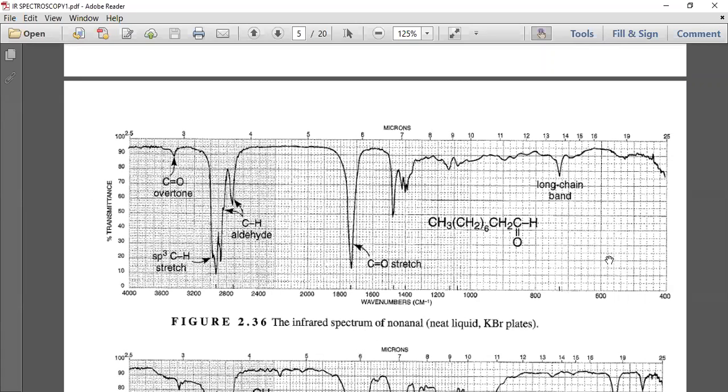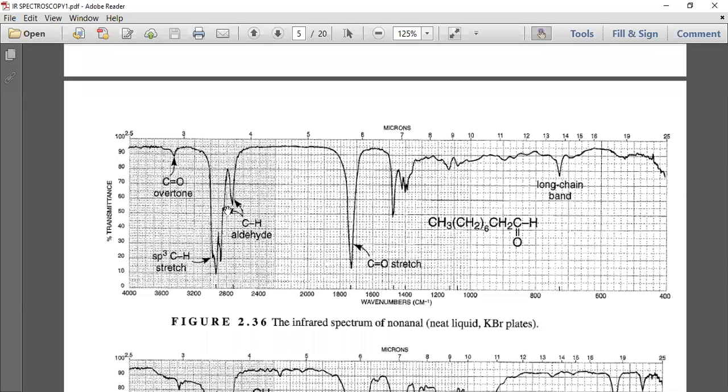Then this is an aldehyde. How do we identify aldehyde? As I said, a strong C double bond O stretching frequency around 1725. At the same time, aldehyde CH will give a doublet. In this case, see, one peak is here, another peak is overlapped with the aliphatic CH vibrations.